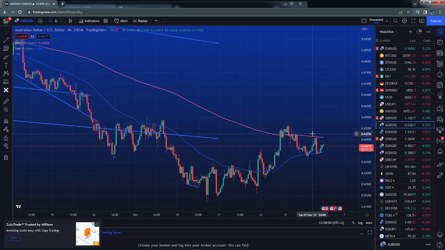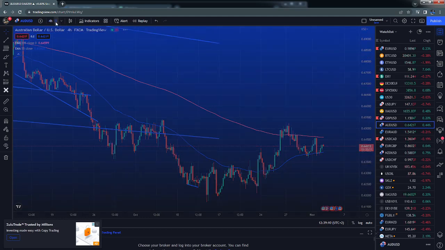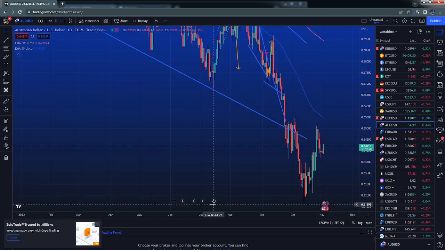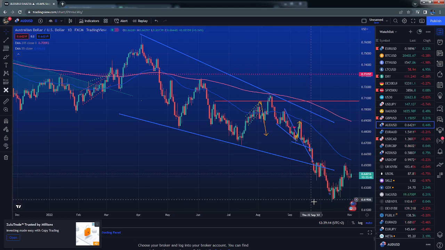AUD is still trading in very, very bearish mode, and I believe we're gonna see a big move here in the case of Powell being hawkish. And of course I don't like to buy AUD, because my long-term view in AUD is that we are gonna see new lows, 50 something.